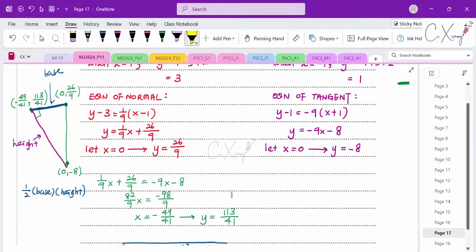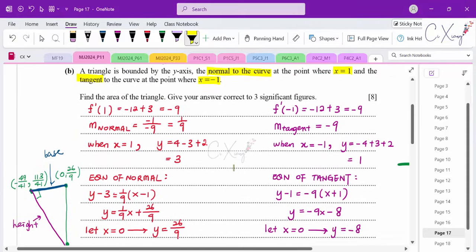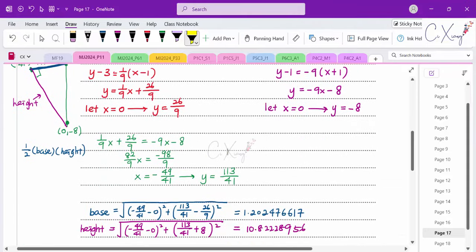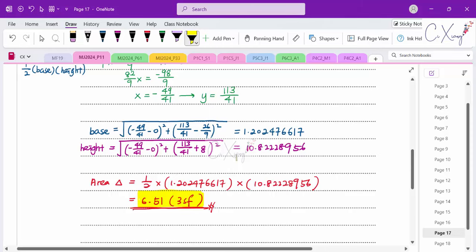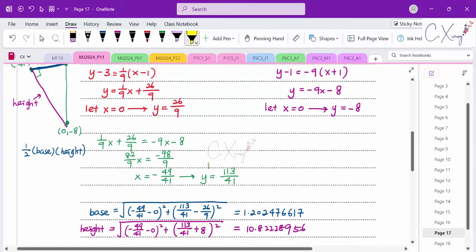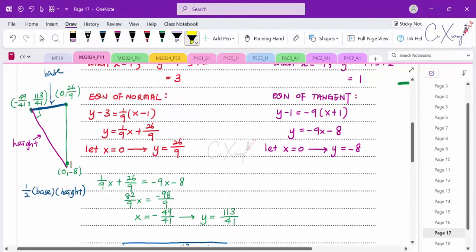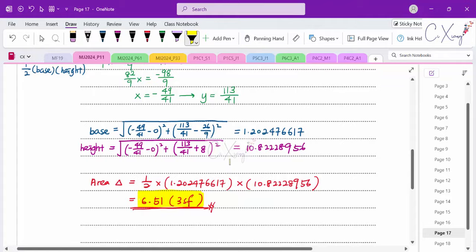For this question, it looks a little bit weird, especially the values that we get for x and y here. But concept wise, this is something that we can use. I believe that there are some other methods to find the area of the triangle. This is one of the suggestions that I use here.